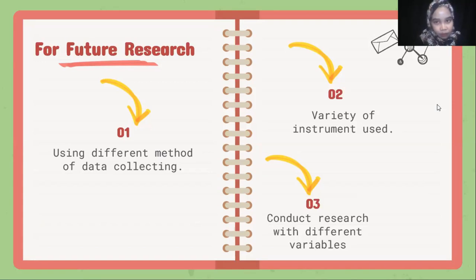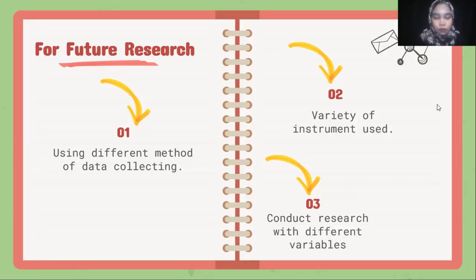Next, the variety of instruments used. Future researchers should use Google Forms more often. Also, use social media such as Twitter, Facebook, Telegram, or Instagram that have polls so the respondents can vote.